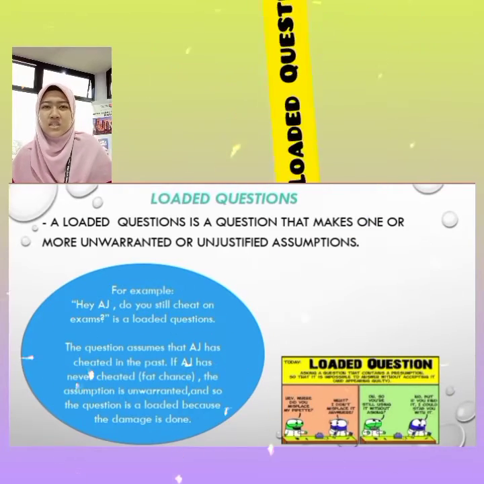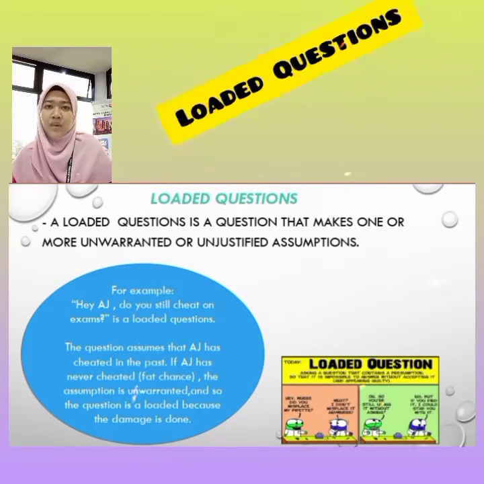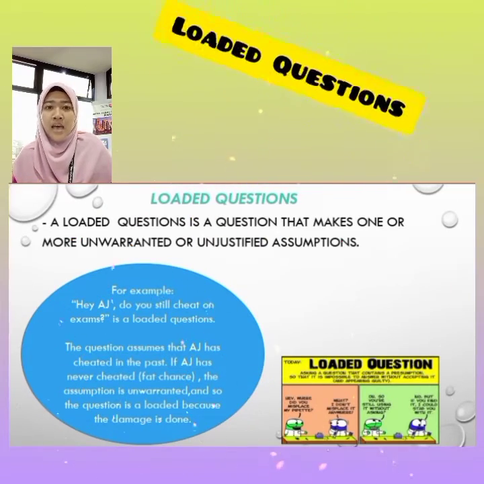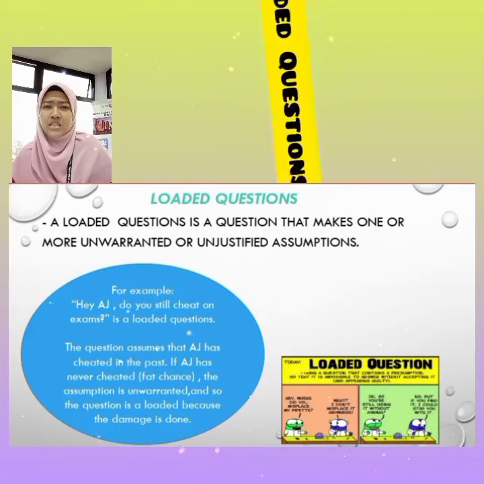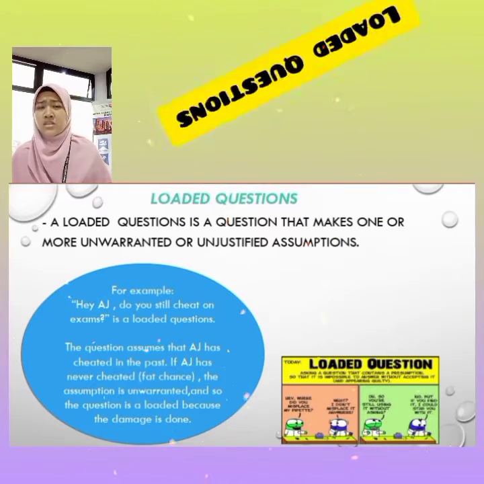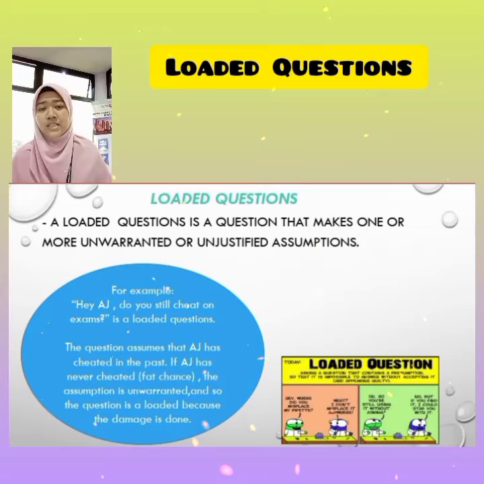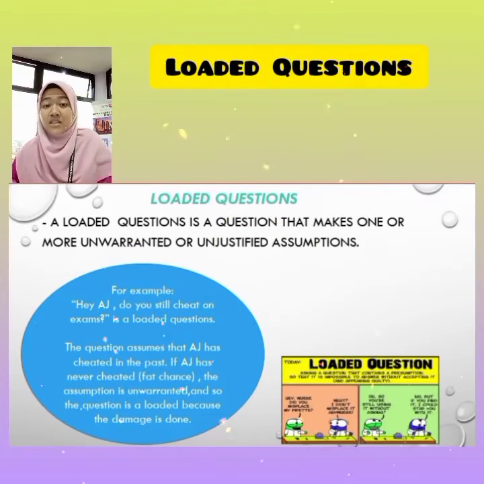The question assumes that AJ has cheated in the past. If AJ has never cheated, the assumption is unwarranted, and so the question is loaded because the damage is done.